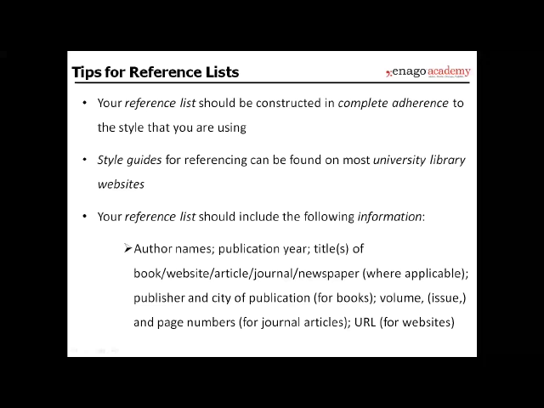Once again, the style and arrangement of your reference list will depend on the particular referencing style required by your discipline and by your target journal. Most article databases have a cite button at the bottom of the page where you can either copy the citation in the format you want or export it to citation software such as RefWorks, EndNote, or Mendeley. This saves a lot of time and it's really worth it.